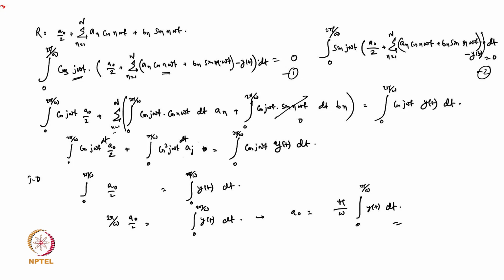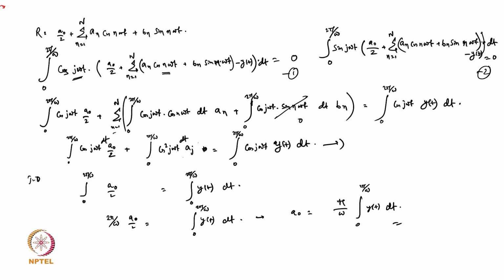Now the next one, how you can go ahead. Next, you can use this equation. So now you know what your a0 by 2 is, and your target is to find aj. So you can go for j equal to 1, j equal to 2, j equal to 3, like this, and it can be evaluated.